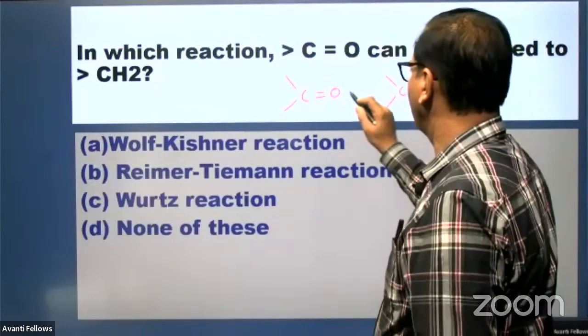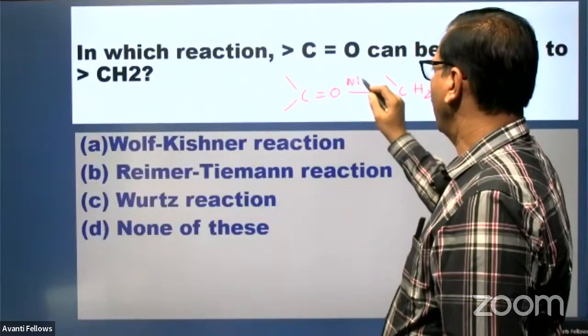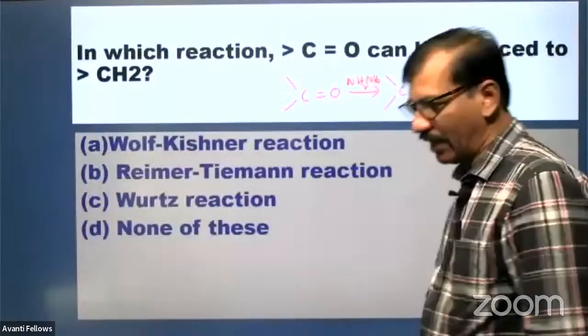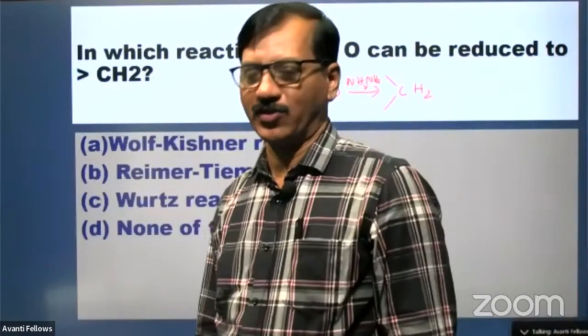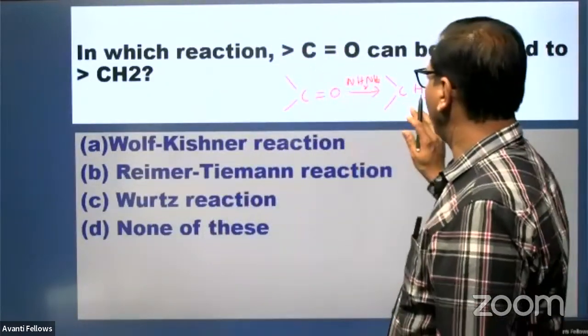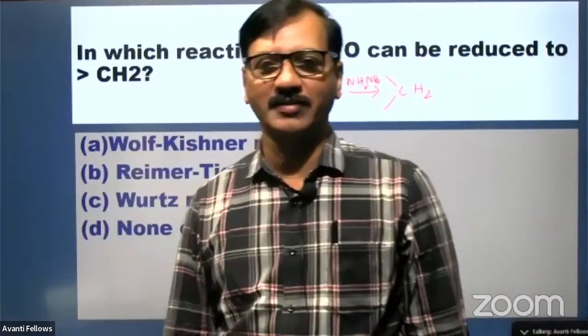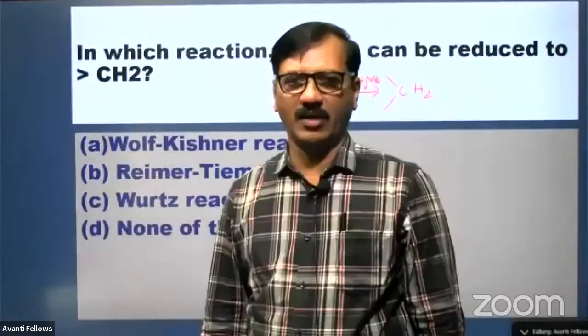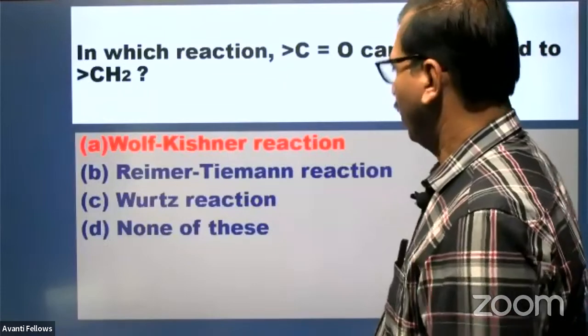What is the reagent used in Wolff-Kishner reduction? NH2NH2, hydrazine, then ethylene glycol plus KOH. So in 2 steps this will give this. What is the reagent in Clemmensen reduction? Zinc amalgam and HCl, Zn-Hg HCl.